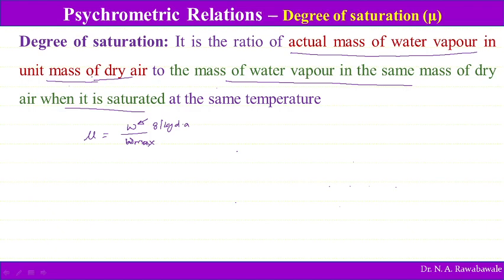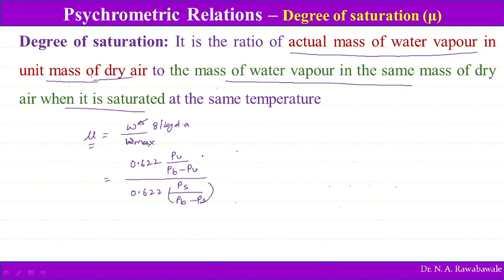So omega divided by omega max gives us the degree of saturation. Omega can be written, as we have just seen, as 0.622 PV divided by PB minus PV. So this is for omega in the numerator, and omega max is given by 0.622 PS divided by PB minus PS.